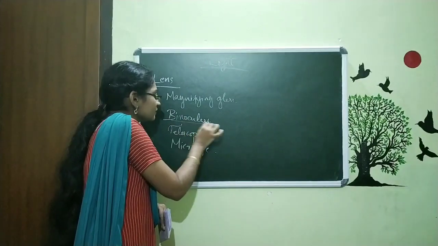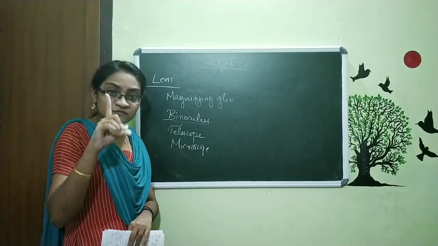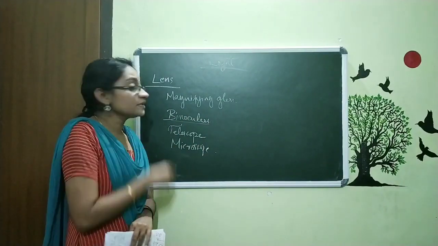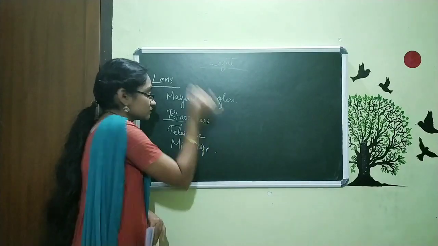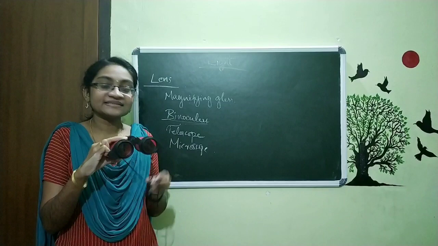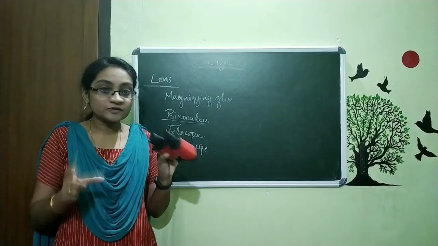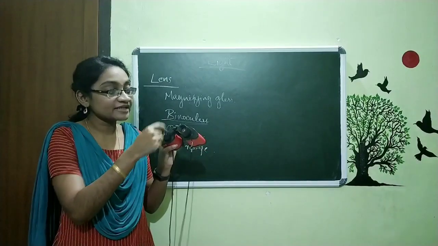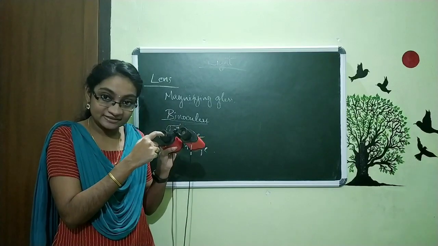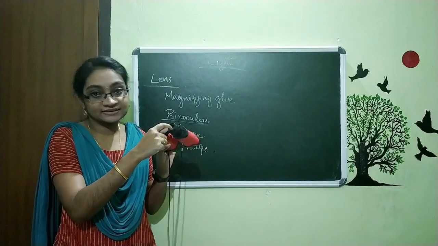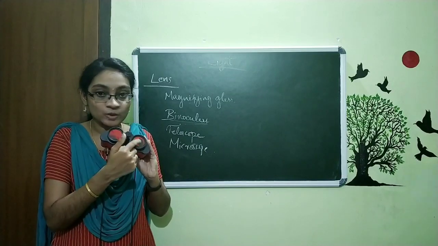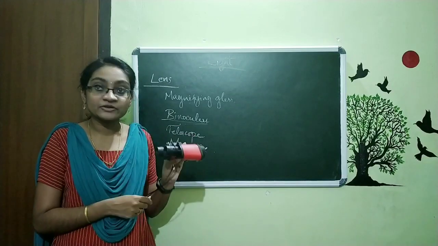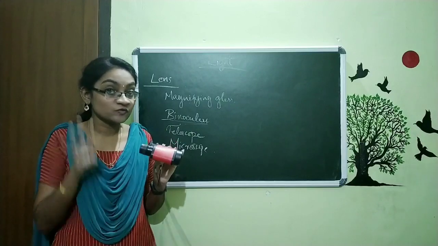And for the binoculars, is it only having one lens? How many lenses are there in the binoculars? Let's look. This is our binocular. Here you can see one lens is here and one lens is here, and also here one lens. So the binocular has a total of 4 lenses.